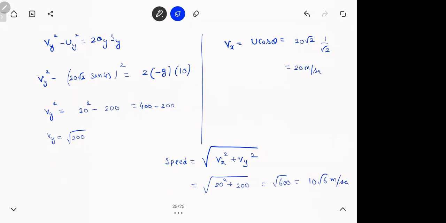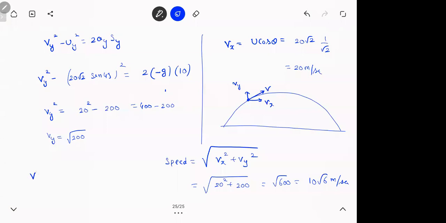This is a good one, because the most common mistake is we find Vy and think that is the answer. But we forget there's also Vx. When this guy was flying, at this instant, it has a speed Vx. It also has speed Vy. And the question asked is to find this one, V.